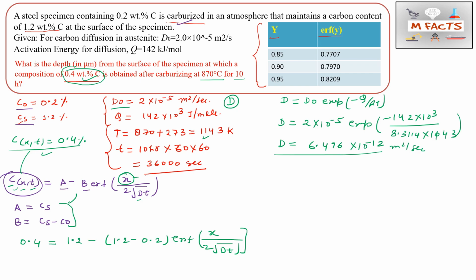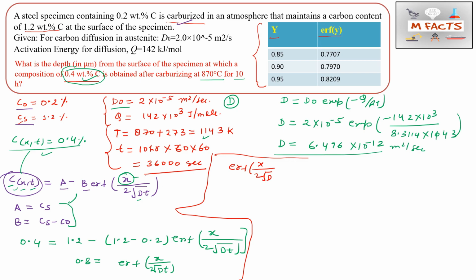What we will get is 0.8 is equal to erf of x by 2 root Dt. I will write it here because this is the part we need to understand. So the equation is erf of x by 2 root Dt is equal to 0.8. We need to remove this erf.